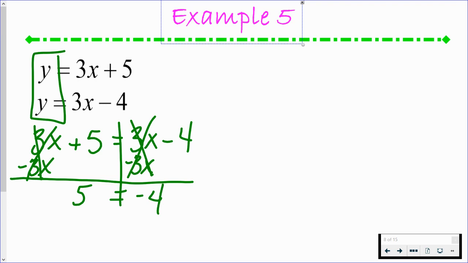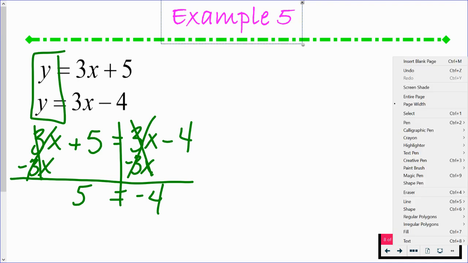Oh man. So my variable canceled out again, but I'm left with 5 equals negative 4. Here we have a special solution.